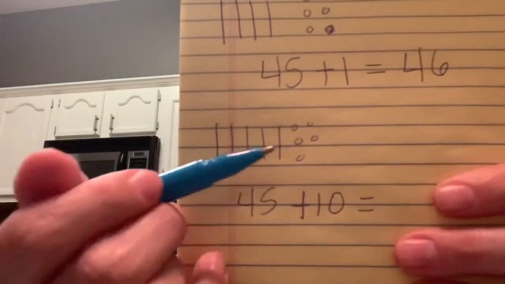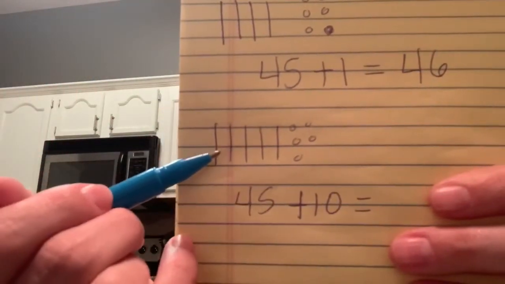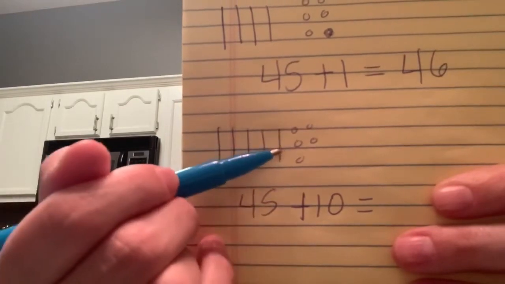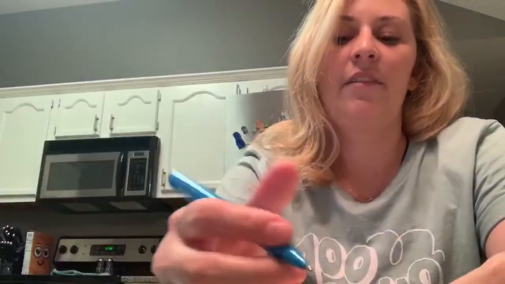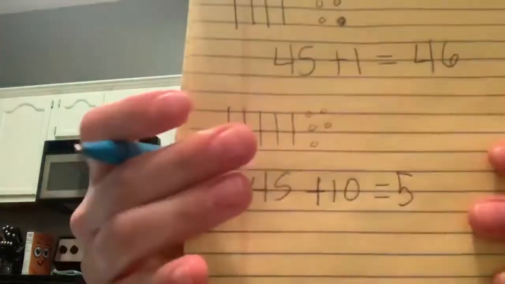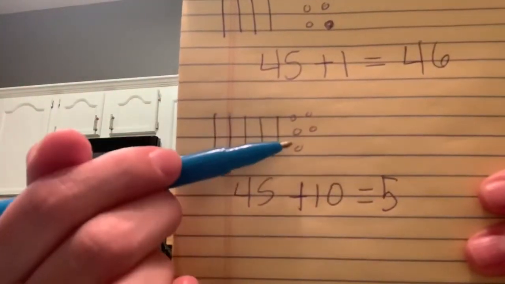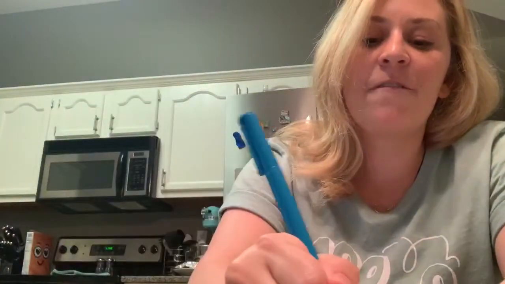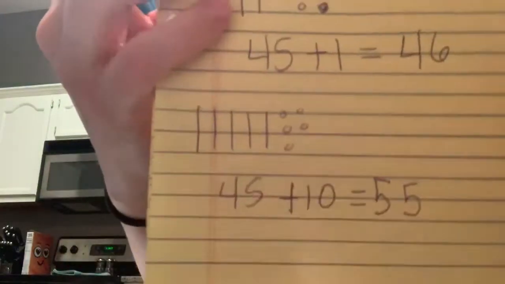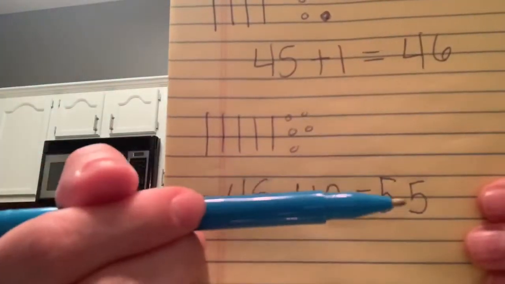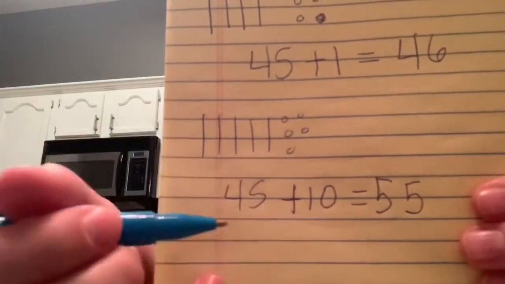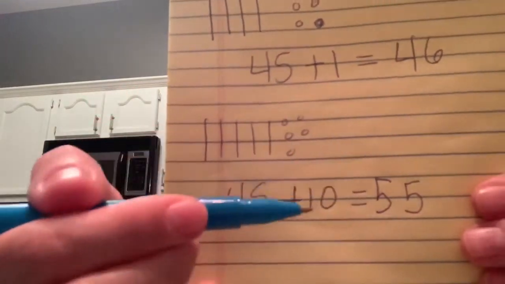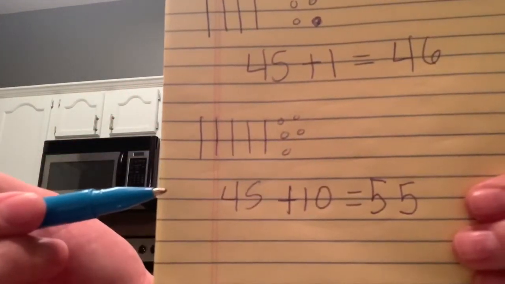So how many tens do we have now? 1, 2, 3, 4, 5 tens. I've got 5 tens. And how many ones do I have? I still have 5 ones. So 10 more than 45 is 55. And that's because only the tens place value changed because I was only adding 10.